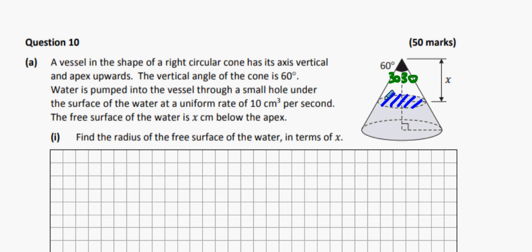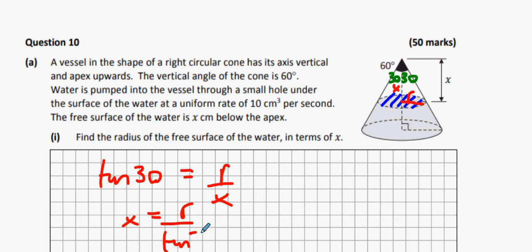Okay? And what we're going to say is that its radius, which is r, right? We're going to say that opposite over adjacent, isn't it? So tan 30 is r over x. That means x on its own is r over tan 30.